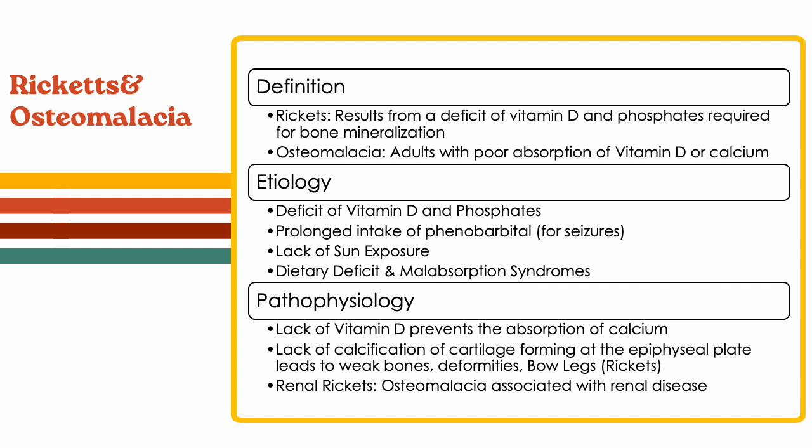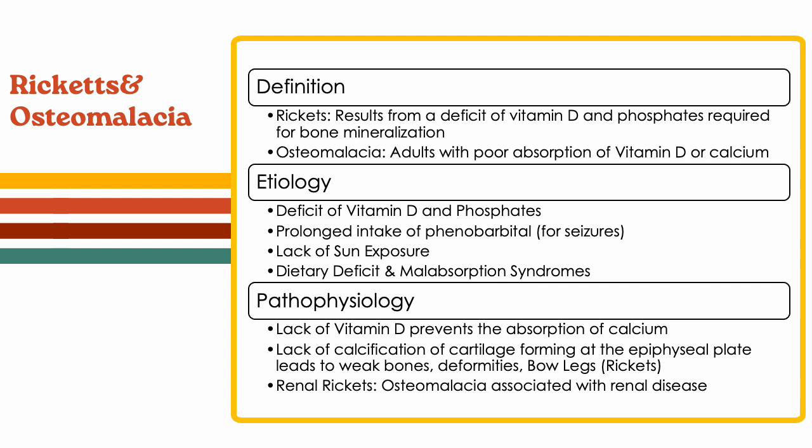Okay, so we have rickets and osteomalacia. So when we talk about rickets, this is the result of a deficit of vitamin D, normally from dietary sources. You don't normally see a malabsorption syndrome with rickets, whereas osteomalacia is a malabsorption issue where you're not able to physically absorb vitamin D or calcium, even though it is present in your body.